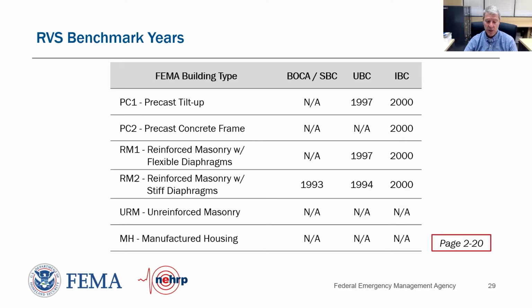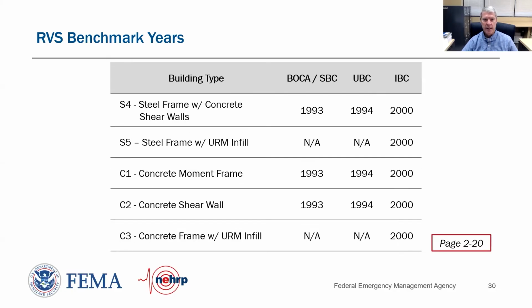It says it doesn't matter what year you were, if it was designed to the BOCA code, it doesn't apply. You don't have post benchmark. So you should just use the basic score for that particular building type in that instance. So all 17 building types are reflected within this table.